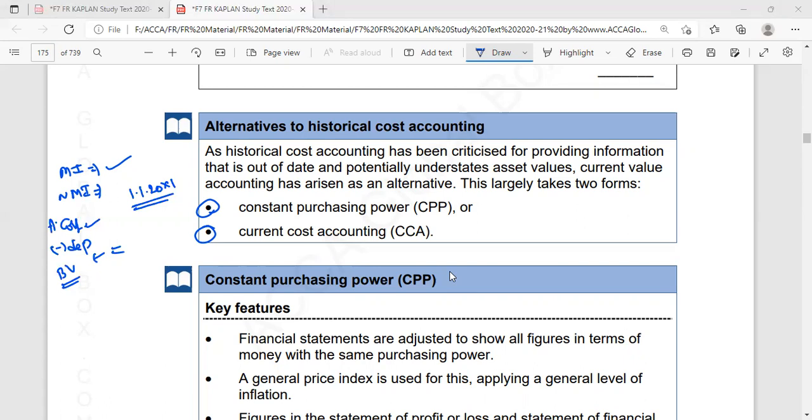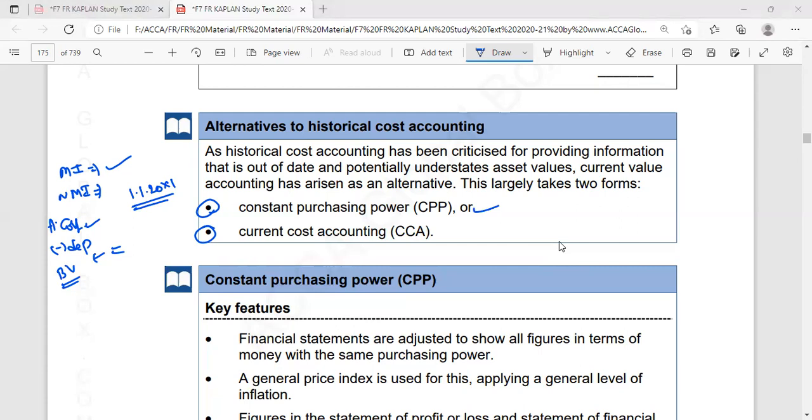So if the financial statements are prepared by considering adjustments for changes in the value of money, then that method is said to be constant purchasing power accounting.